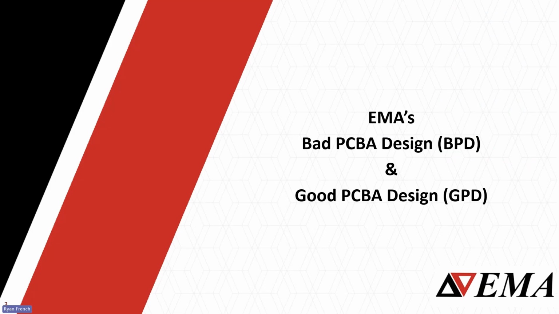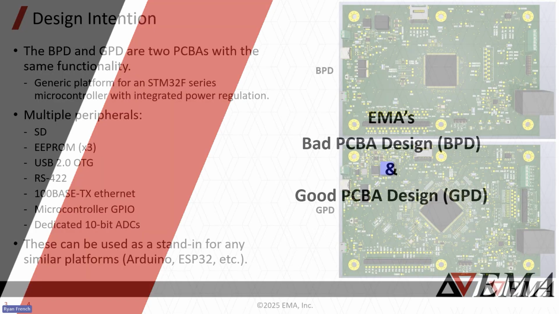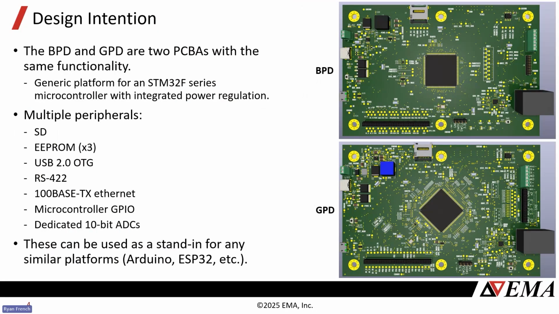Starting out with the PCB designs. The intention behind these is to create the same exact board, with all the same major components, microcontrollers and whatnot. This board is just a generic platform for an ST microcontroller. It's got integrated power regulation and a lot of peripherals. We see here an SD card.